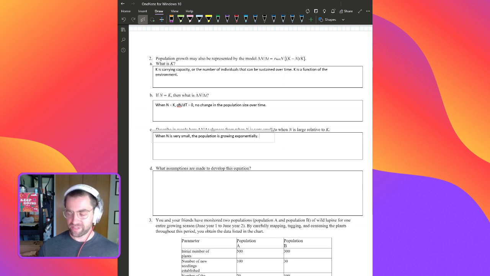The actual number of new individuals added is relatively small. However, because n is so small, no, other way around. Yeah, when n is very small, the population is growing exponentially, and the number of new individuals added is relatively small.